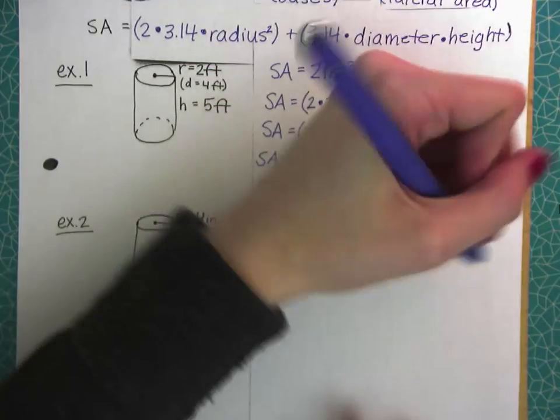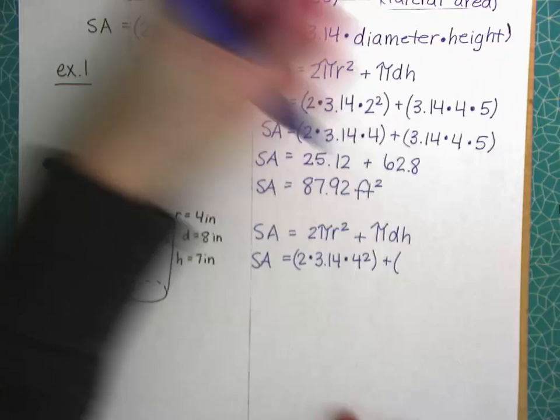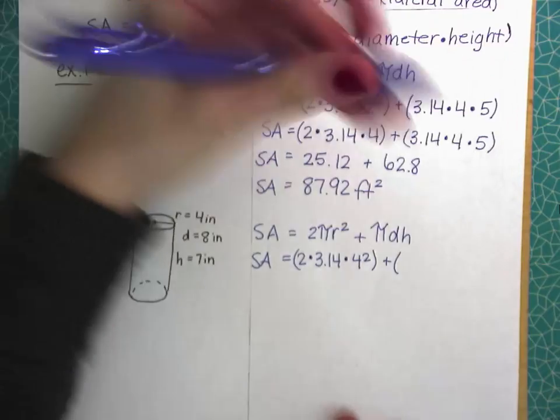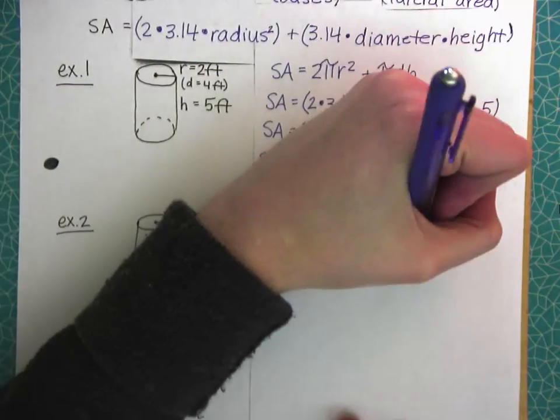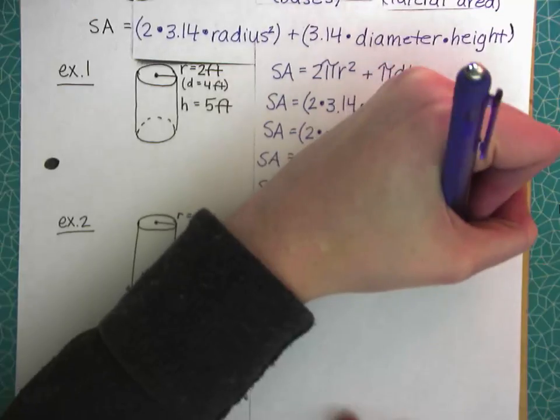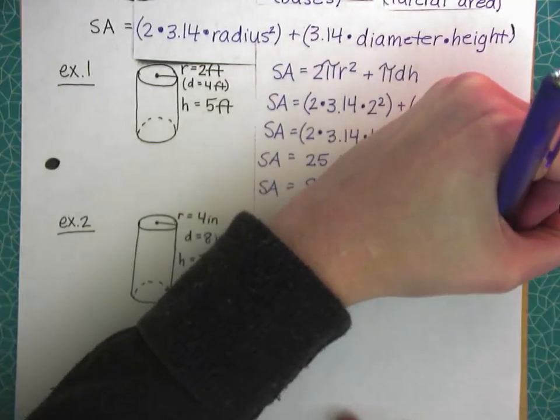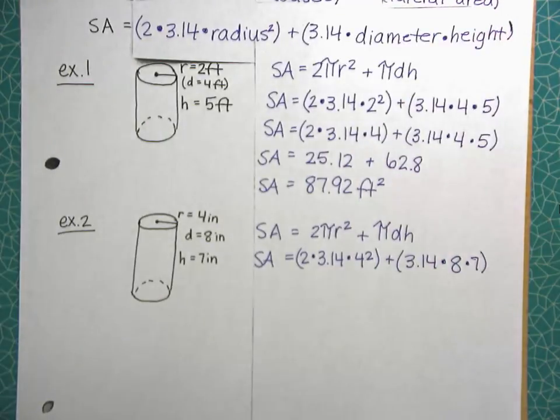Michelle? Yeah. Pi times diameter times height. So pi times 8 times 7. Okay, good. All right. What's step 3?